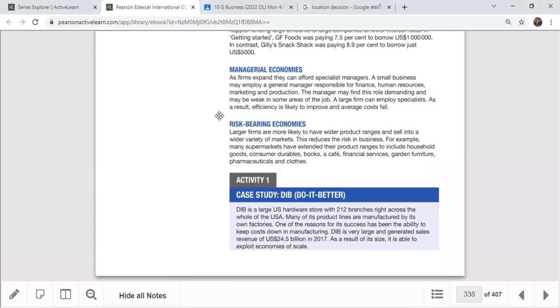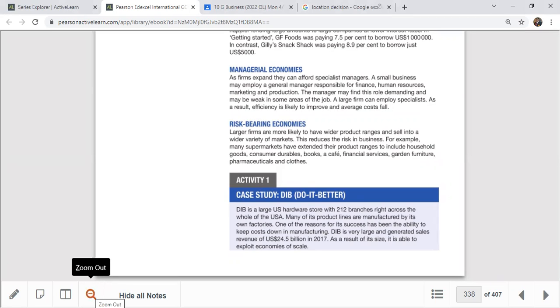Right. Divan, can you read activity number 1, please? Yes, sir. Case study: DIB, Do It Better. DIB is a large US hardware store with 212 branches right across the whole of the USA. Many of its product lines are manufactured by its own factories. One of the reasons for its success has been its ability to keep costs down in manufacturing.